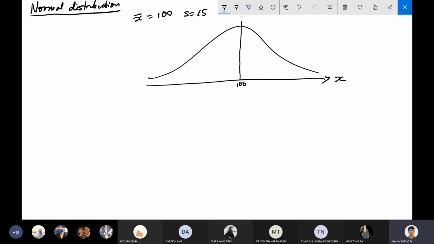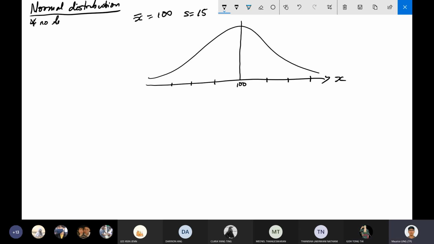You have 1 standard deviation, 2 standard deviations, 3 standard deviations, and -1, -2, -3. Is there a limit to the number of standard deviations? No. Why?